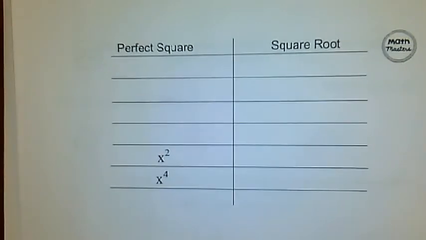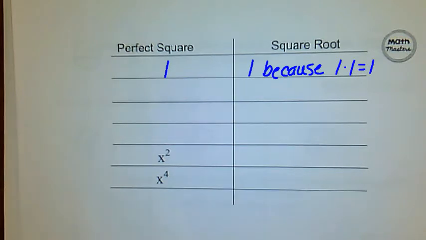Okay, so let's go over our perfect squares real quick. We would start with the number 1. The square root of 1 is 1 because 1 times 1 equals 1. Another perfect square is 4. 2 is the square root because 2 times 2 equals 4.